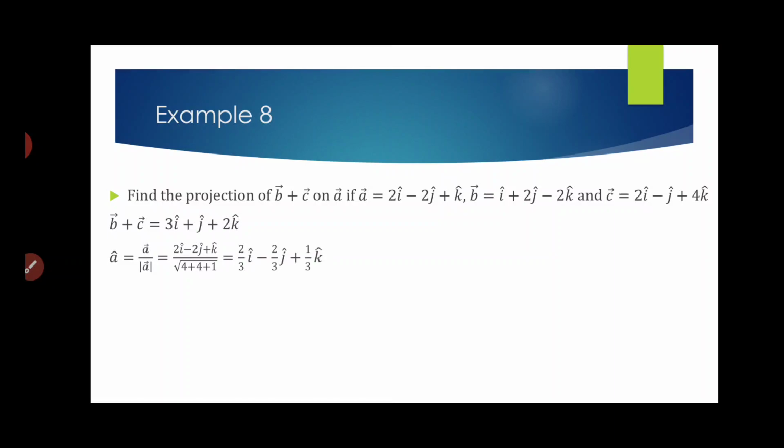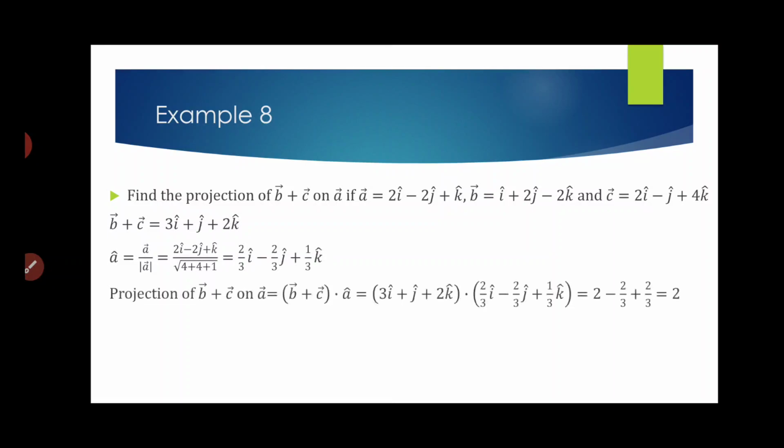A cap is a vector divided by the magnitude, and so we have it here. And after this, then we have to find the dot product. So projection of b plus c on A means b plus c dot A cap, and then you do the product. Once you have done the product, the value is 2. So therefore, the projection of b plus c on A is 2.